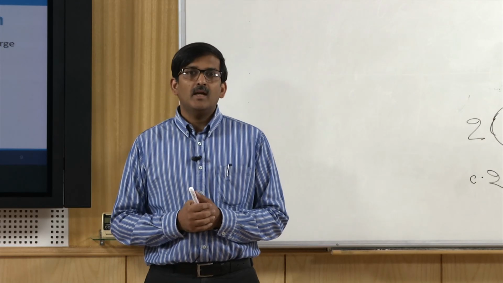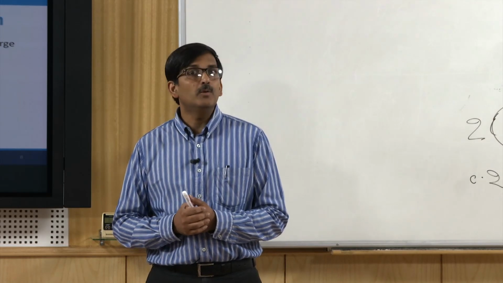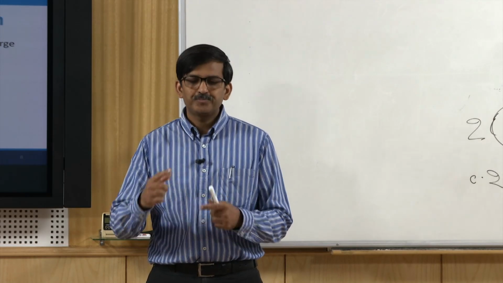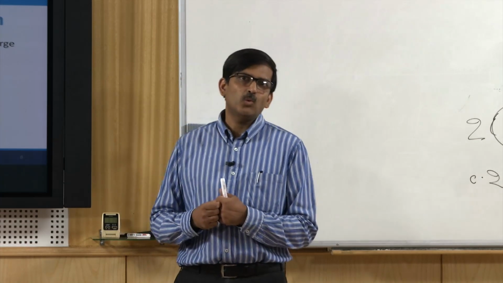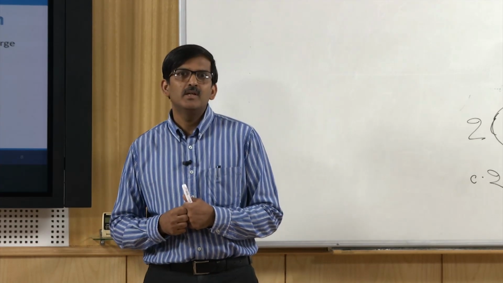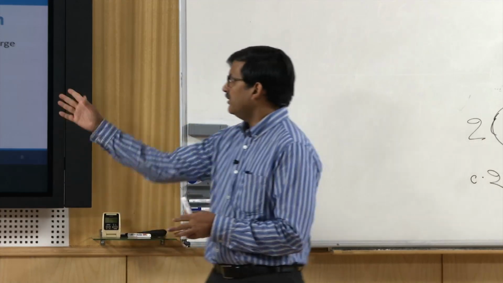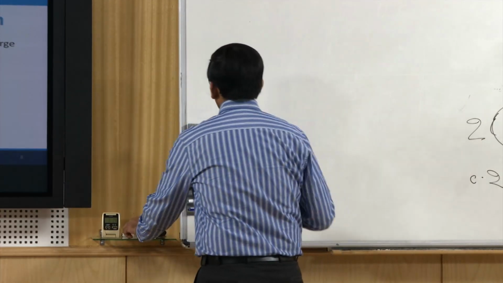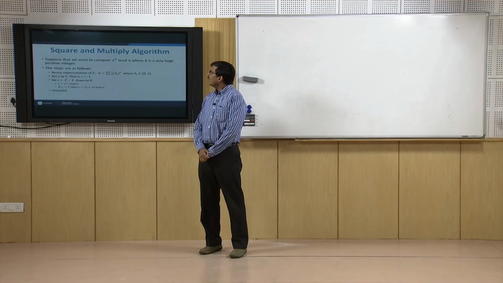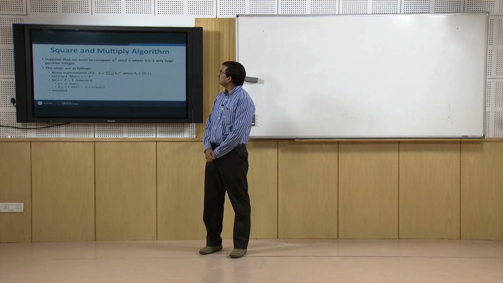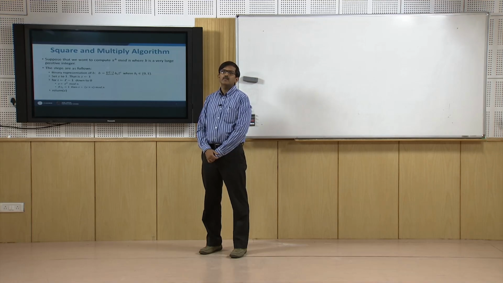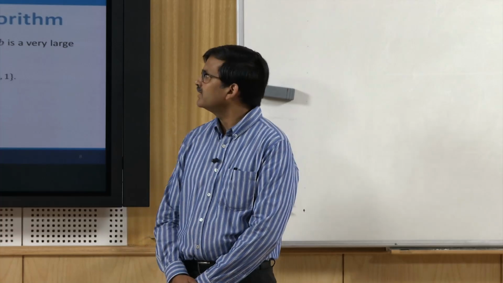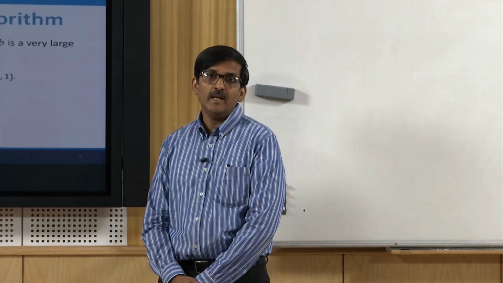I will discuss it now, and in the problem sessions we will discuss in detail how to use it. Our goal is to find x to the power b, where x and b both are potentially very large numbers, and then reduce modulo n.